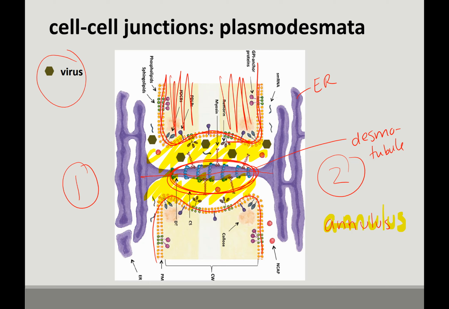And then what I've drawn here in this picture are viruses. So plants can get viruses just like you and I. Viruses have to get through a plasma membrane. So for us, a lot of viruses come in via receptor-mediated endocytosis in clathrin-coated pits. Plant cells don't do that because they have that cell wall on the outside that's preventing things from getting through.